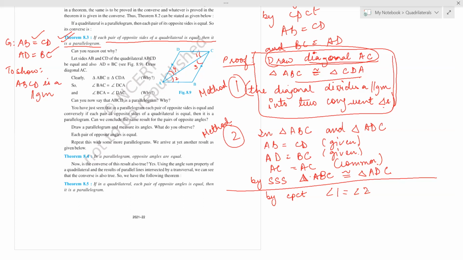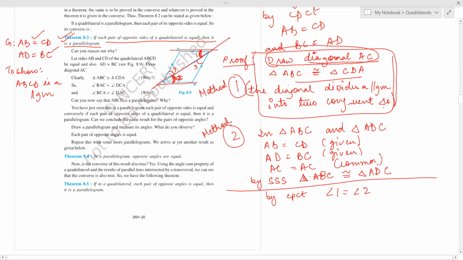Okay. So now look in the figure carefully. AB and CD are two lines, okay? And AC is a transversal which is cutting them, isn't it? And you have angle 1 is equal to angle 2. So which type of angle are they? Alternate interior angles. So can we use the converse of alternate interior angles here?